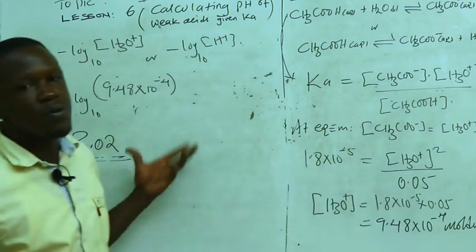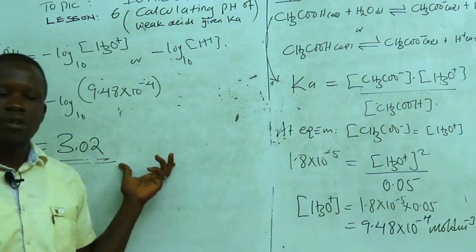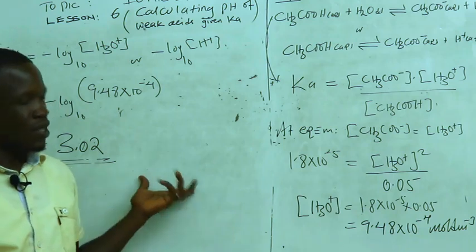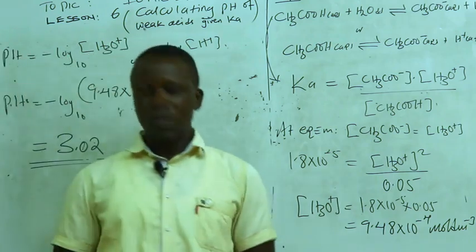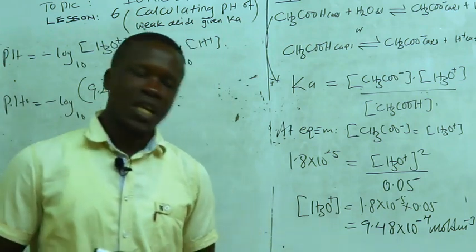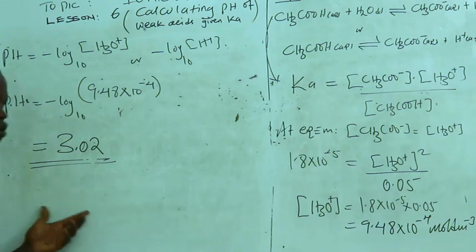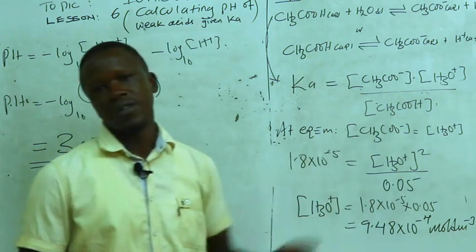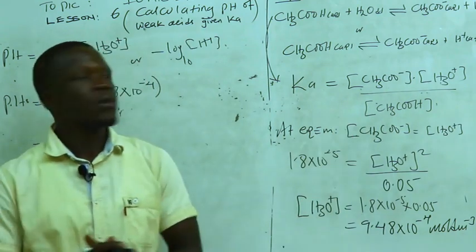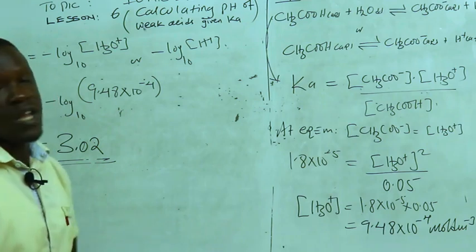Number 3, we said the degree of ionization of a weak acid is very small. And lastly, temperature is constant. Those are the assumptions we take. If they have been asked, then you rightly put them. Don't write them mathematically like this. Write in words. This is how we use the Ka value to calculate the pH of a weak acid.